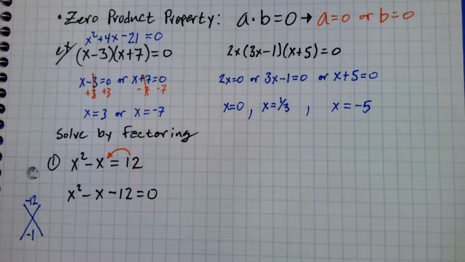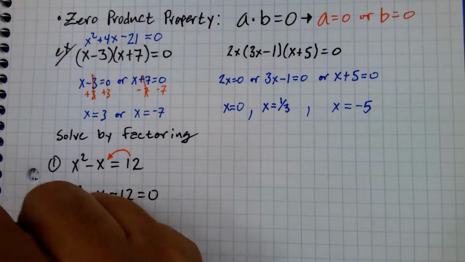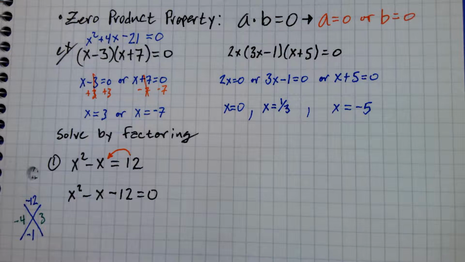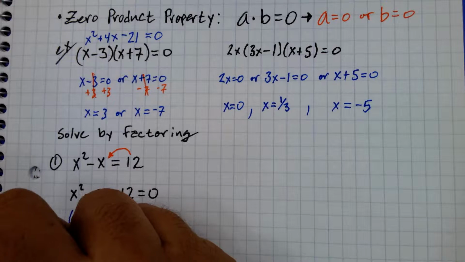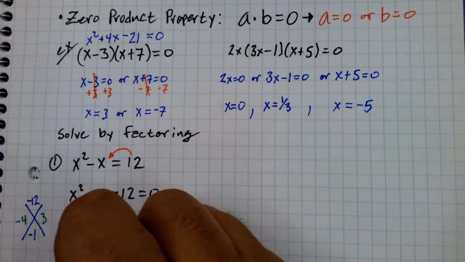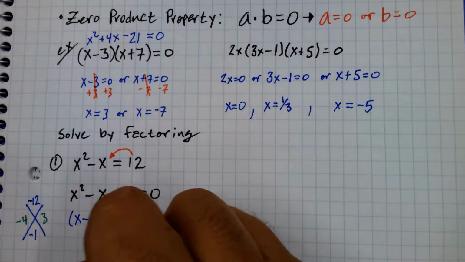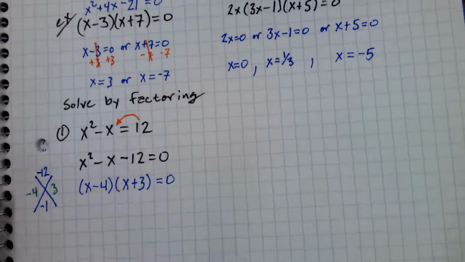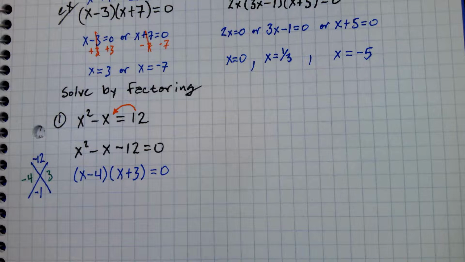So we want two numbers that when you multiply them, give you -12, but when you add them, give you -1. Perfect. So that means this left side factors to x take away 4 times x plus 3 equals 0. Okay? Any questions so far?